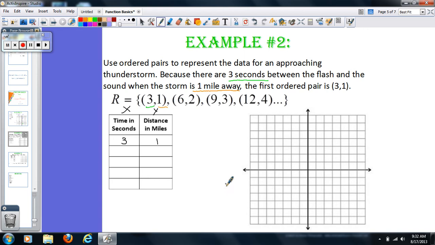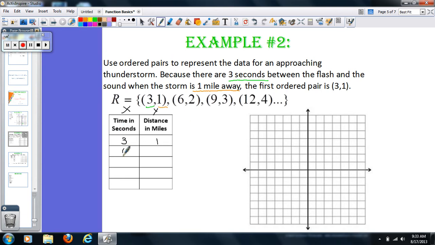I don't say if the storm is 1 mile away, then the time between the flash and the sound is 3 seconds. We're saying that the time between the flash and the sound is 3 seconds, which means that the storm is only 1 mile away. Okay, so this is what we call our input, and by inputting 3 seconds, I get an output of 1.